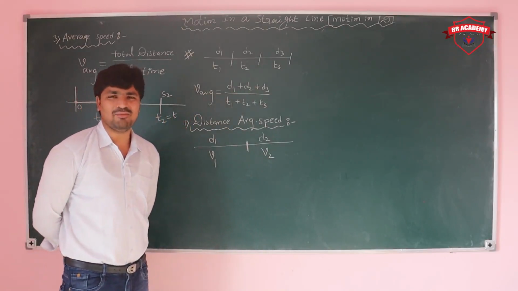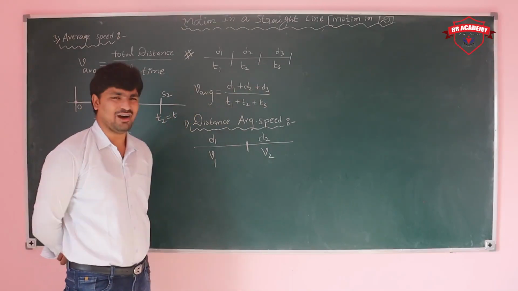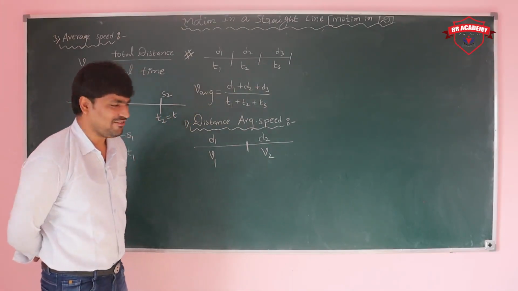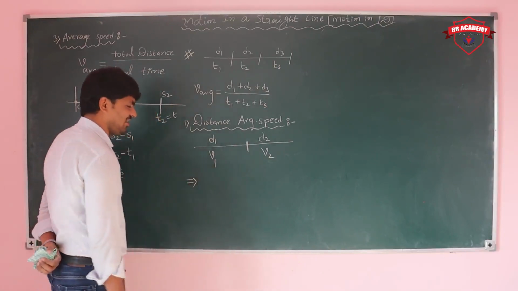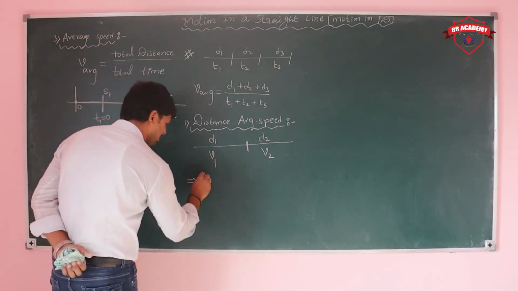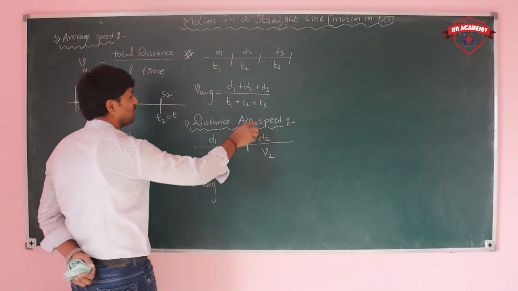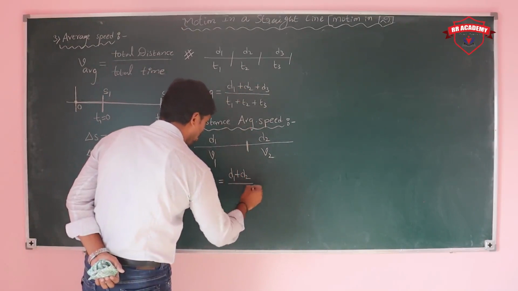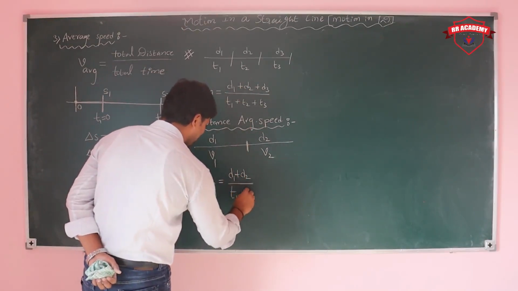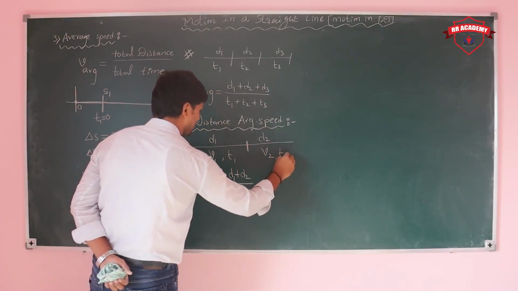So then what about the average speed? V average is equal to total distance d1 plus d2 upon total time. Time is not mentioned, but you have to consider t1 time here and t2 time here.